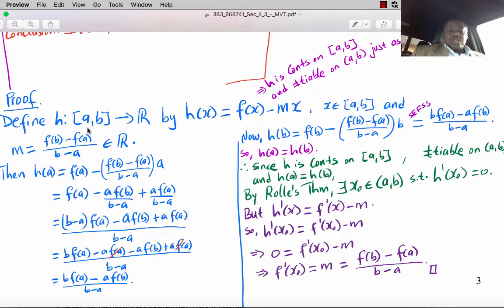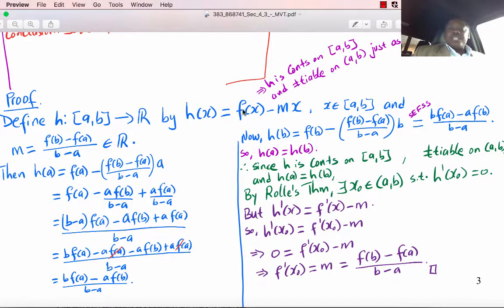Now, define h to be a function from the closed bounded interval to R. Again, I just defined h. Why did I define h? Well, because I need it. And I decide to define my h as h of x equals f of x minus mx. How could you have known this? From space, I guess.